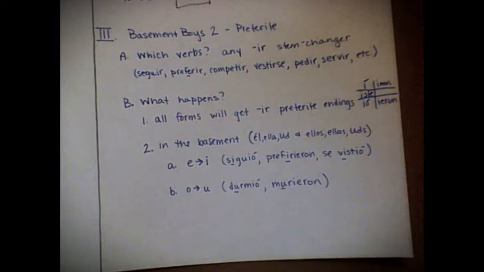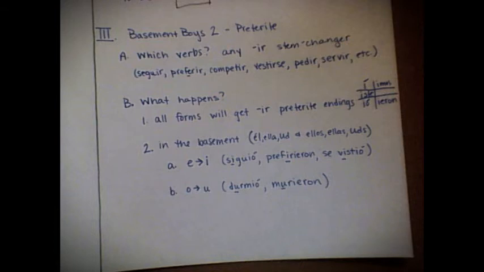And what happens is this, because they are all IR verbs, we're talking the preterite tense now, they are all going to get IR preterite endings. So that's iste, ió, imos, isteis, ieron.